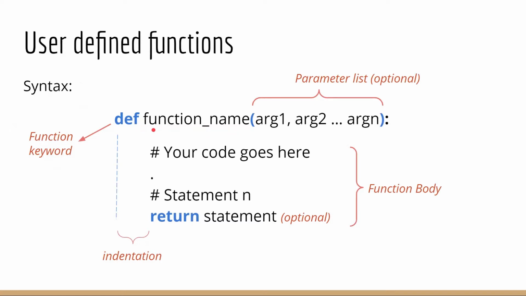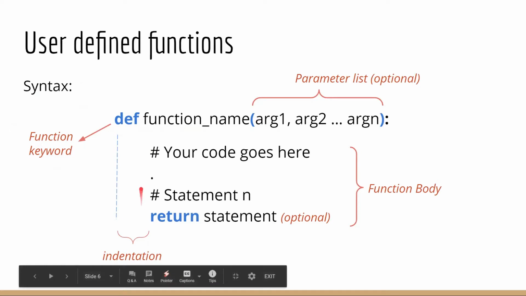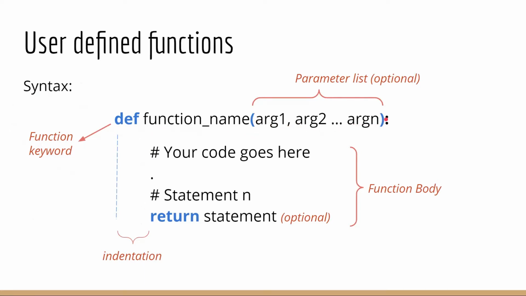It is advised that this function name is something related to what our function does, okay? And after the function name, we have these parentheses, and these parentheses are always mandatory. Inside the parentheses, we can see here that we have a parameter list, and it is optional, so let's not worry about this at this moment. Just remember the def keyword, the name, and the mandatory parentheses, okay?